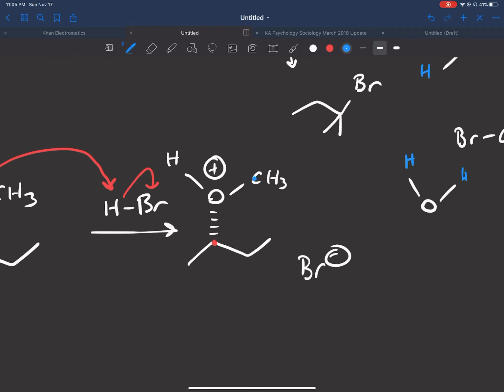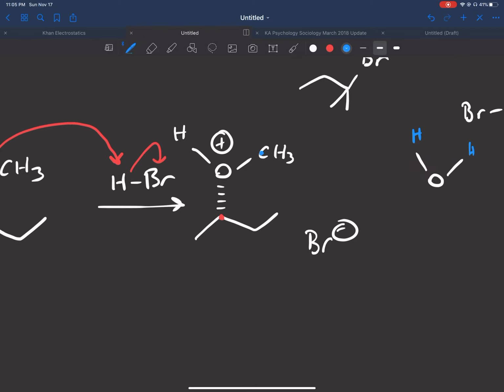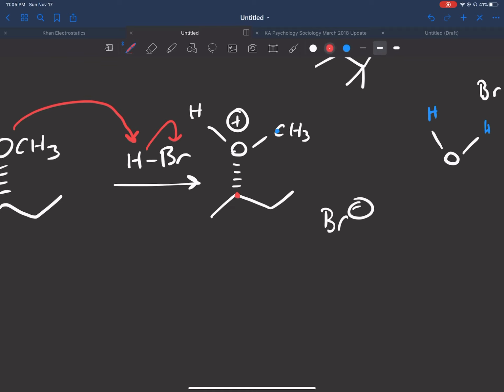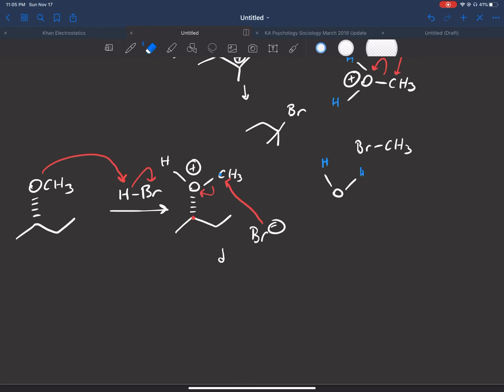Because while they are somewhat stable, SN2 is very fast at a methyl. So we're going to have Br minus attack this carbon, kick this out, and we're going to get this structure. Right, and then BrCH3.